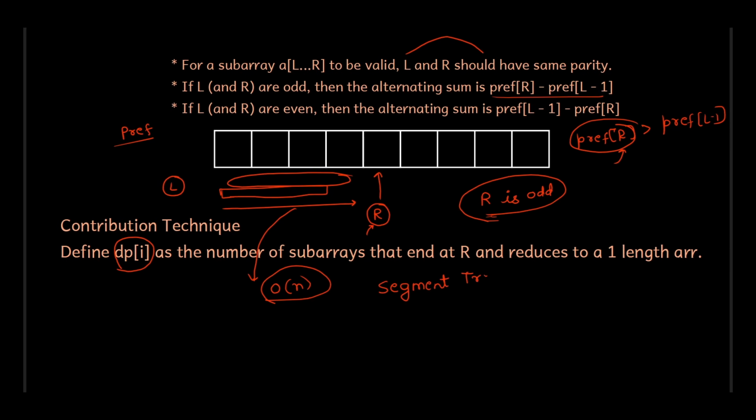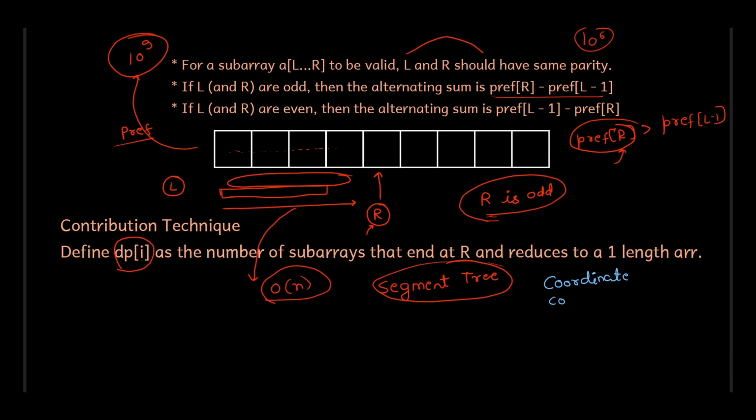But for using a segment tree or Fenwick tree, notice that these prefix sums can become positive as well as negative. And in fact, if the array values are up to 10 to the power 9, then it is not possible to store all of these values in a segment tree, because a segment tree can only support values up to 10 to the power 6. So then you can use another technique called coordinate compression.